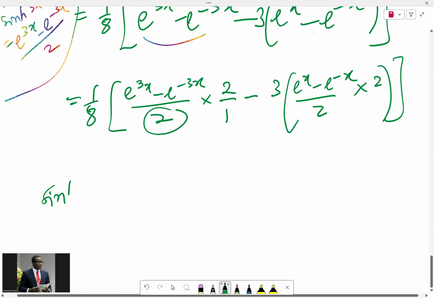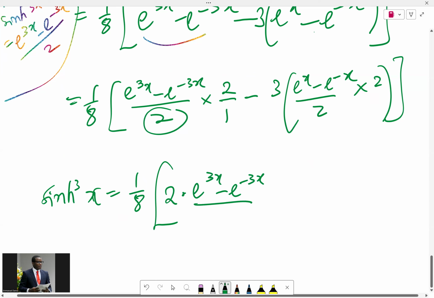So we have sine cube x now is equal to 1 over 8 into 2 times e raised power 3x minus e raised power minus 3x divided by 2. Okay, so this 2, you have brought it outside. So that's 2 times that, minus 3 is here before. So you have 3 times 2, then times e raised power x minus e raised power minus x divided by 2.